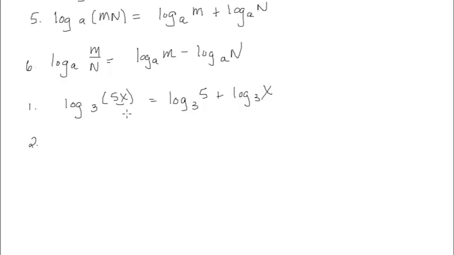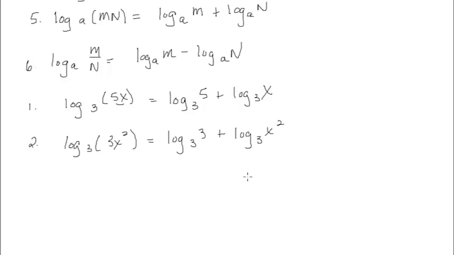Okay, number 2. And I think with these, I would pause it and try it, and then you can see if you got it right. Log base 3 of 3x squared. Again, I have a product here, so I can separate these with addition: log base 3 of 3 plus log base 3 of x squared.